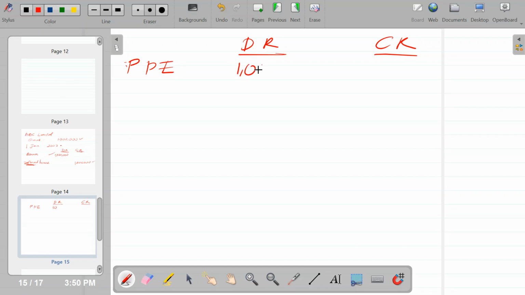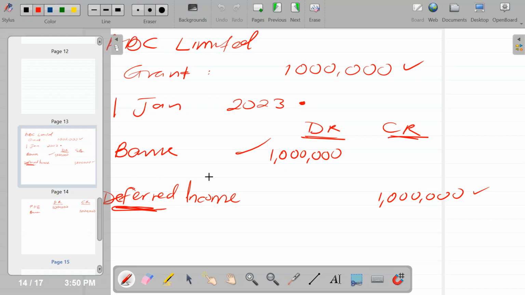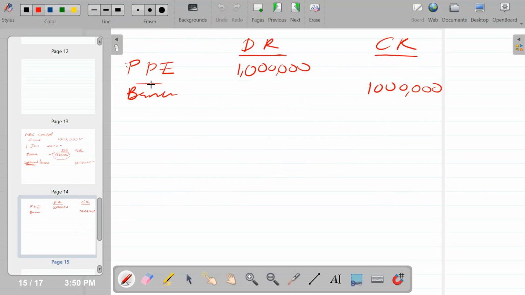So we'll debit it by 1 million, then we'll credit our bank, because we used the money in the bank to build the factory. It's just like we are transferring the money from the bank to the property. Do you get it?